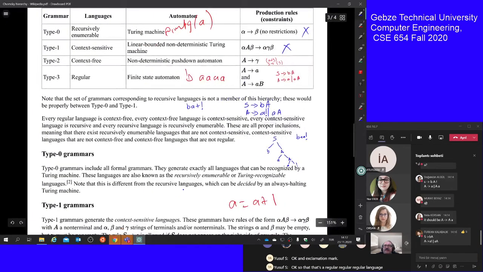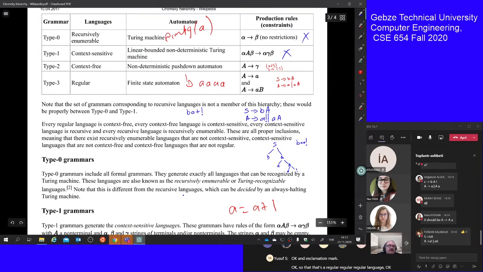Okay, type 3 grammar. The advantage of these kinds of grammars is with the finite state automata. You remember the finite state automata? I could handle these kinds of languages in a very convenient way. No problem.